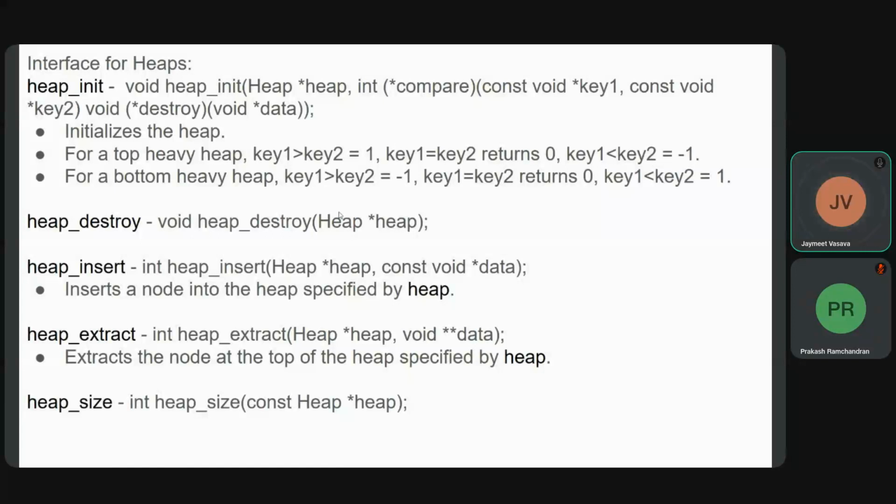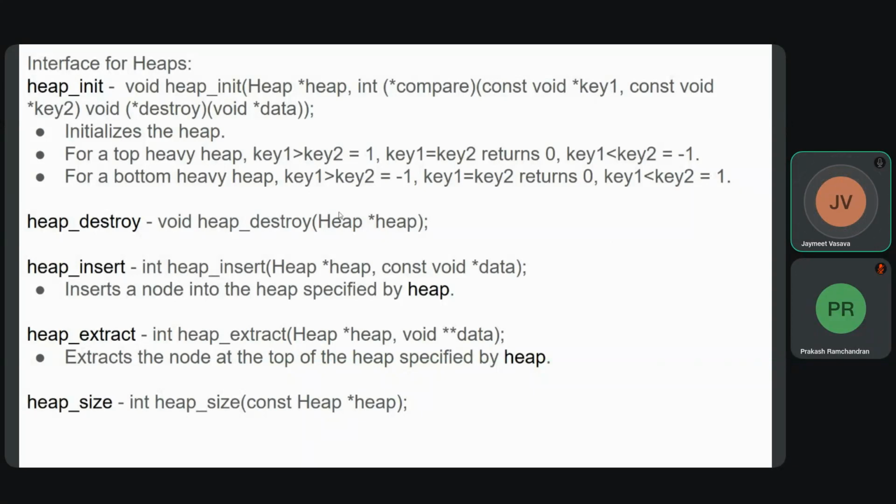If we are approaching it in a top heavy manner, then if key 1 is greater than key 2 it will return the value of 1. It is not assigning the value of 1, but rather returning it. Key 1 equal to key 2 will return 0, and key 1 smaller than key 2 will return minus 1.